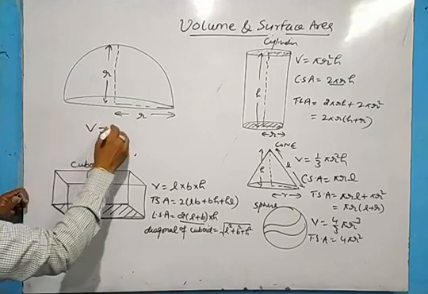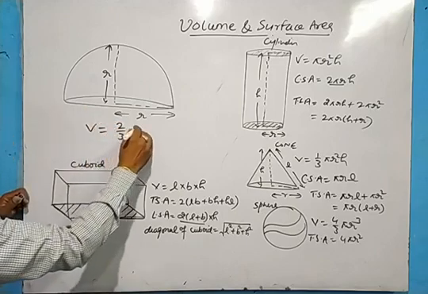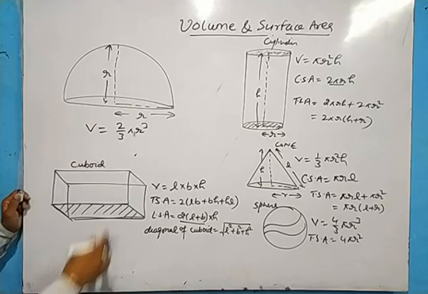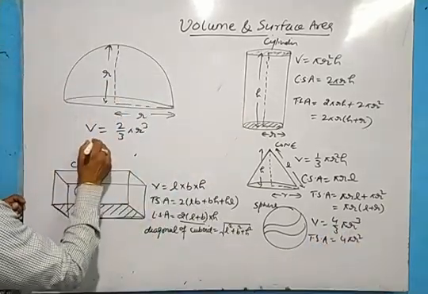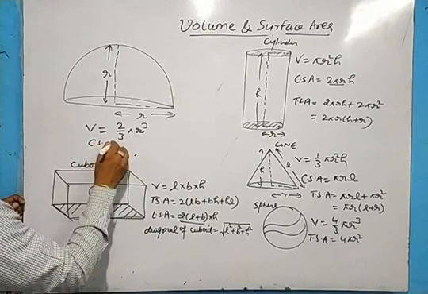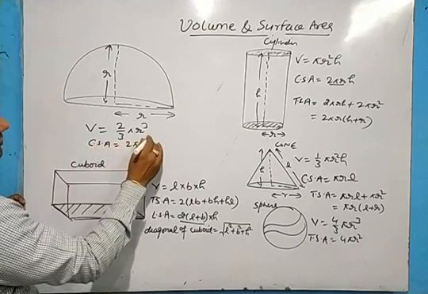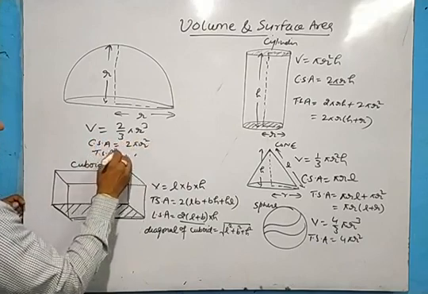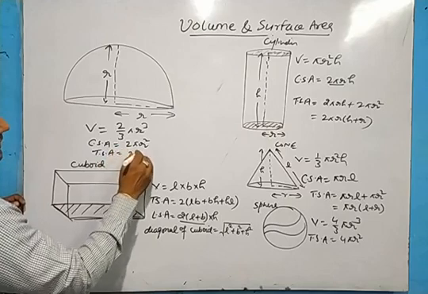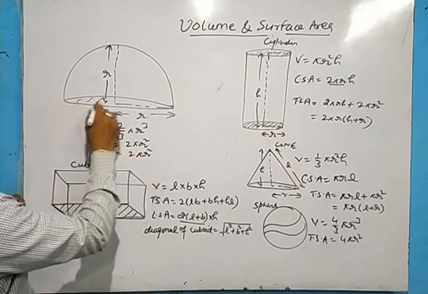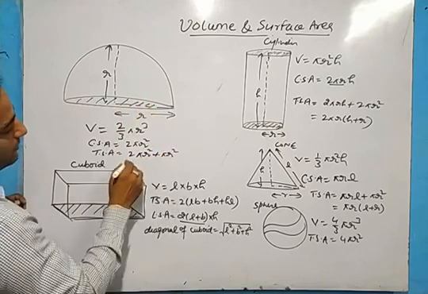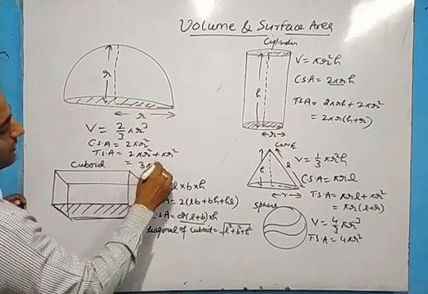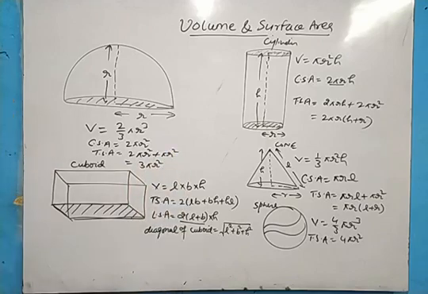So volume of hemisphere will be 2/3 pi r cube, because volume of sphere is 4/3 pi r cube. And curved surface area will be 2 pi r square, and total surface area will be 2 pi r square plus area of base, and area of base is what? A circle, that is pi r square. So total will be 3 pi r square. Okay. So these are some basic formulas for volume surface area.